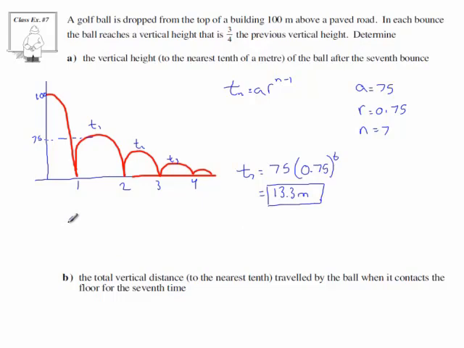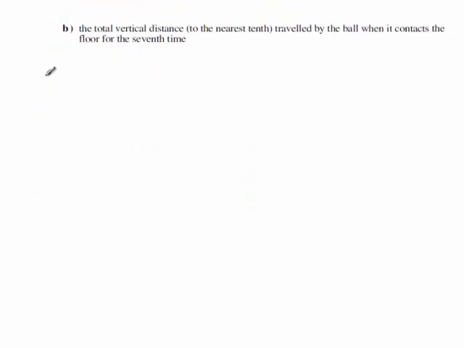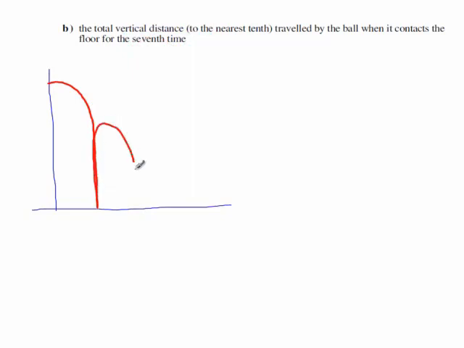Alright, your total vertical distance. So this one, a picture definitely helps. If we're looking at the path of the ball, and as I've labeled it, here's your first bounce, second, third, fourth, fifth, sixth bounce.